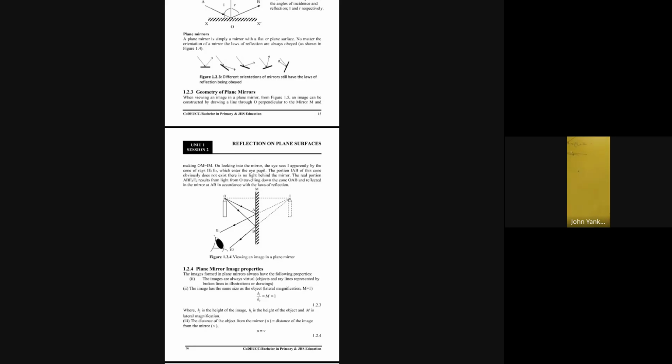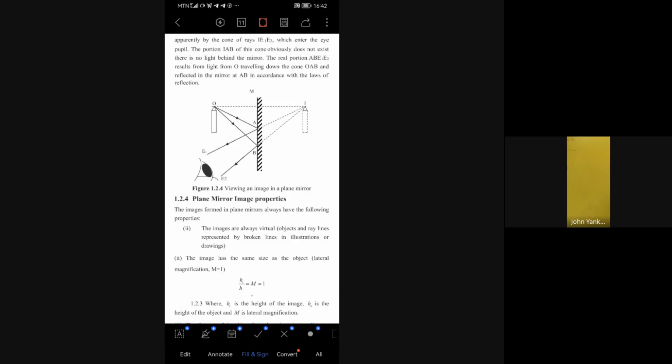Now, when you stand in front of a white sheet of paper or a white cloth or a white marker board, still, when there is a source of light nearby, these two reflections will occur. Light from the source will fall on your body, which will reflect part of the light towards the white marker board, and the marker board will reflect the light towards your eye. But this time, you will not see your image.